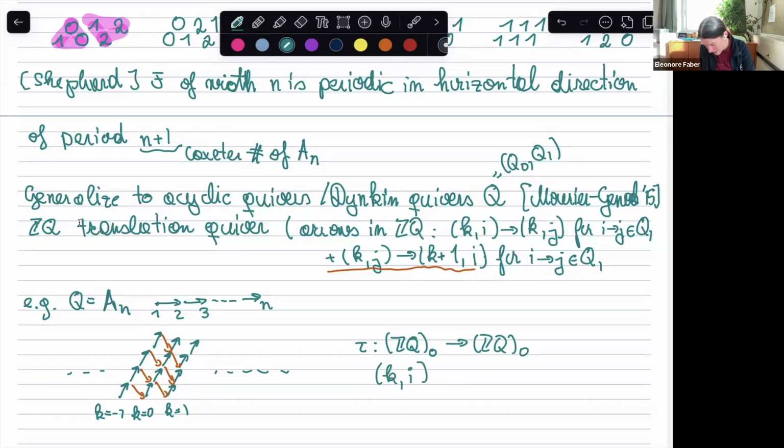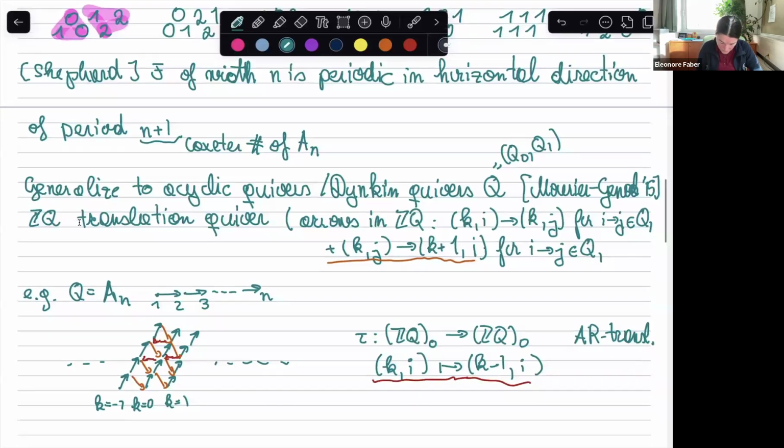It sends every point (k,i) to (k-1,i). So this is called the AR translation. And in the picture, this is your usual AR translation. So we have that also in here.